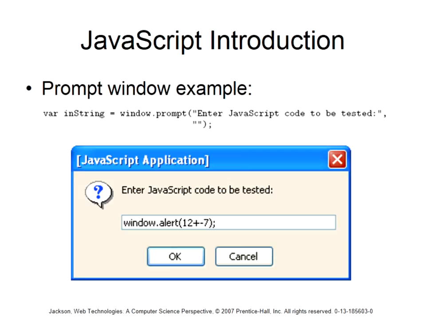So if we want to create a prompt window to create an input, in this case we will write window.prompt, and in window.prompt here, for example, this text will be displayed here: Enter JavaScript code to be tested.